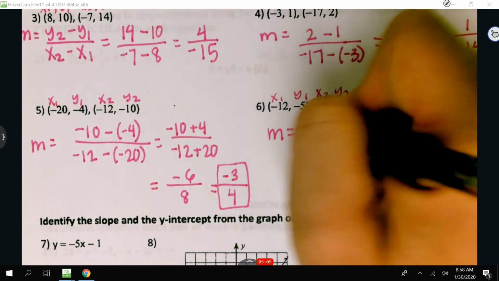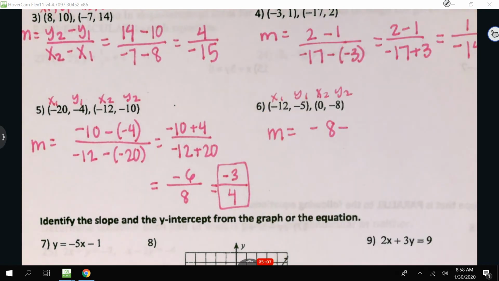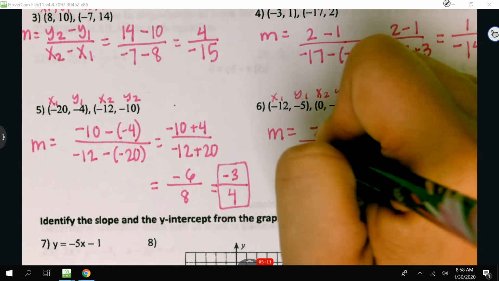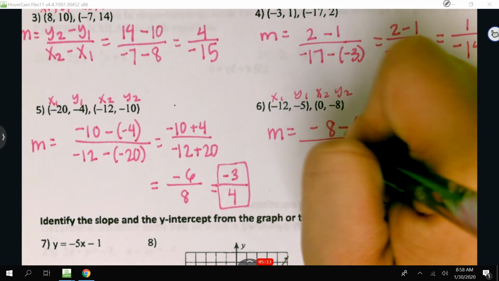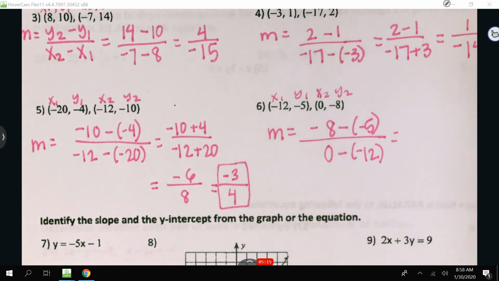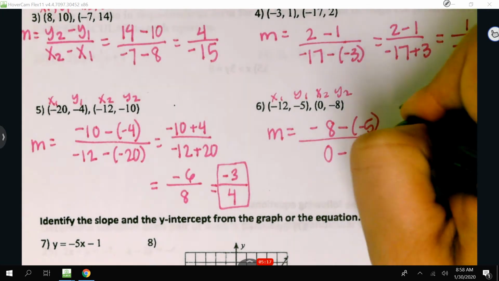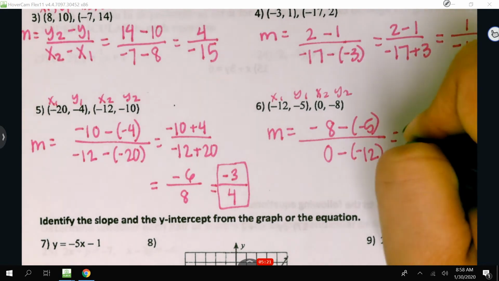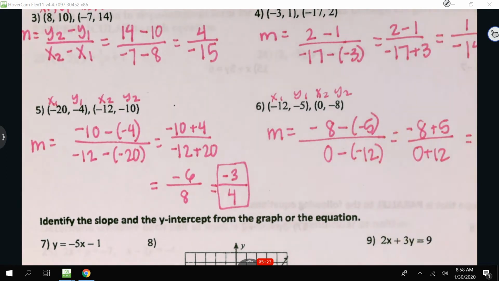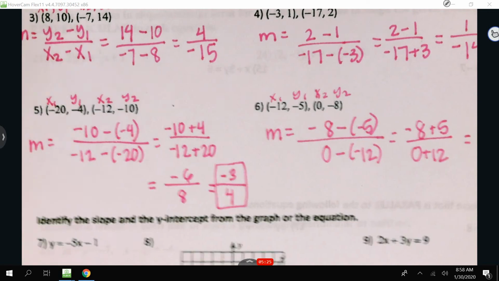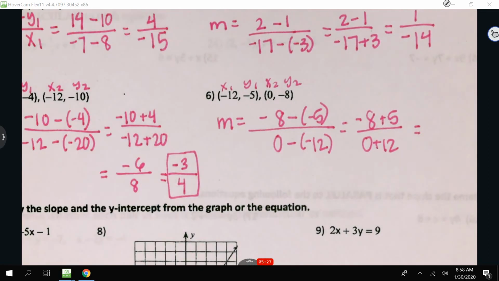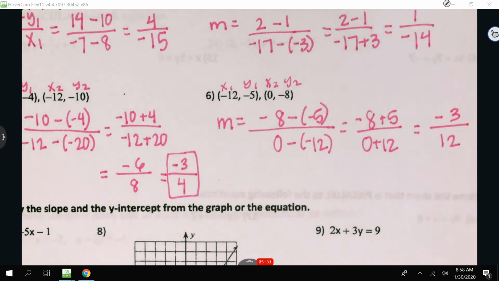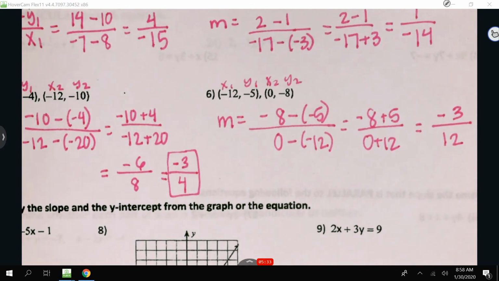Okay, so number 6, I've got negative 8 minus negative 5 over 0 minus negative 12. So that is actually negative 8 plus 5 over 0 plus 12. What's negative 8 plus 5? Negative 3. 0 plus 12 is just 12. Can I simplify that at all?